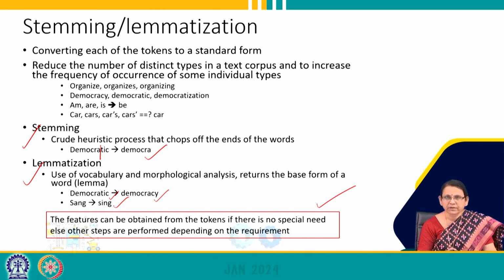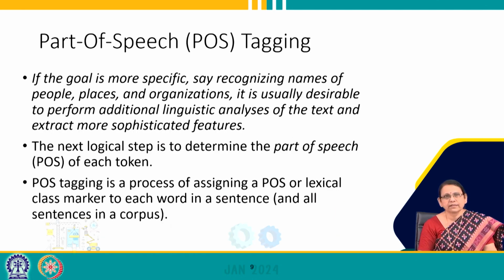If you are happy with your word level features, you can stop here after stemming and lemmatization; otherwise you go for others, for example parts of speech tagging. If the goal is more specific, say recognizing names of people, places, organizations, it is usually desirable to perform certain additional linguistic analysis on the text to extract more features.